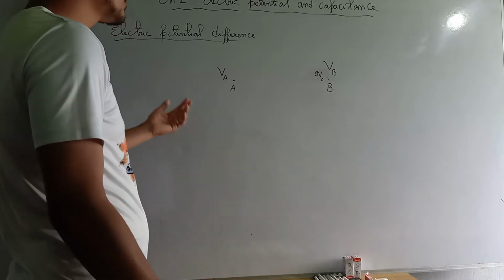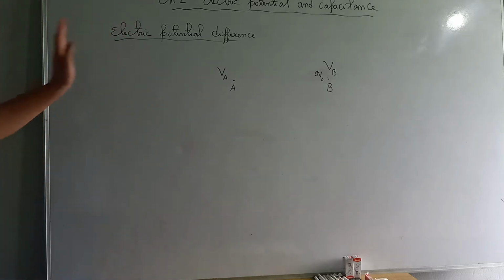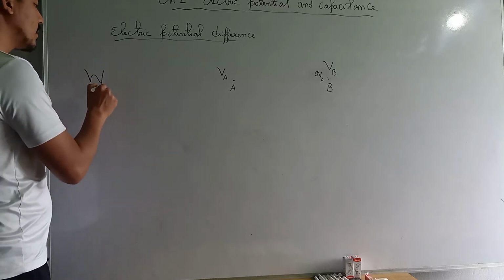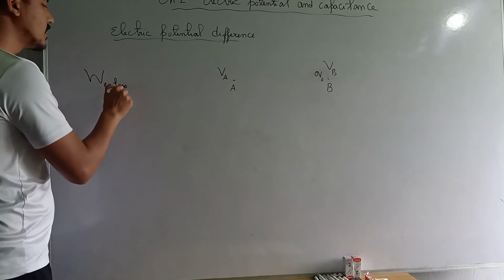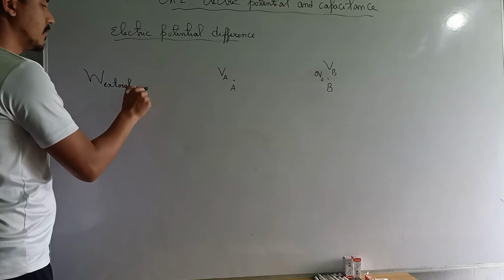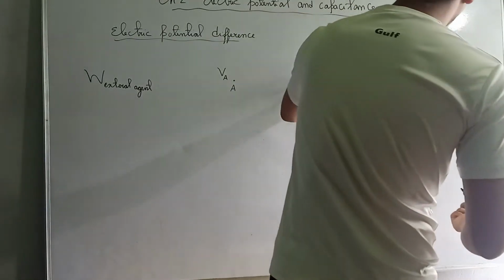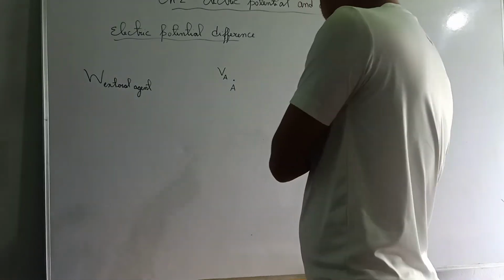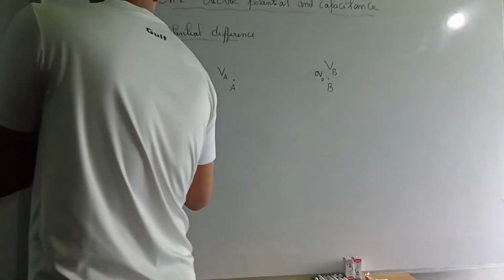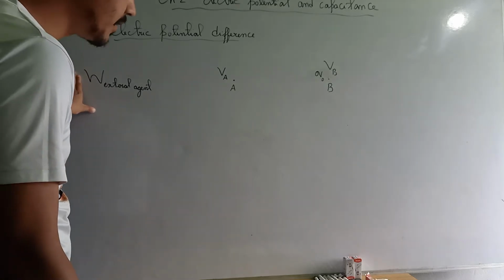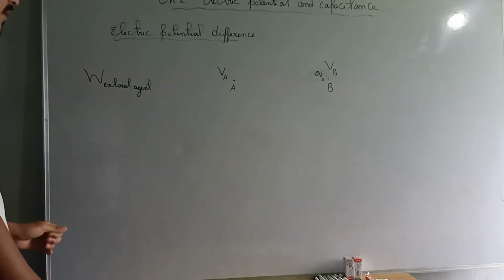Work has to be done by the external agent. Suppose you do the work. You go and carry this test charge from point B to point A. So you have done the work, you are an external agent.